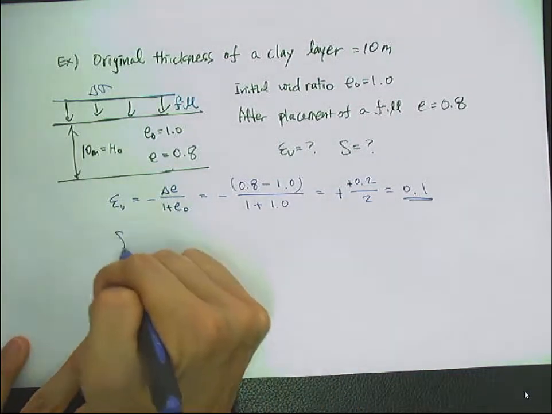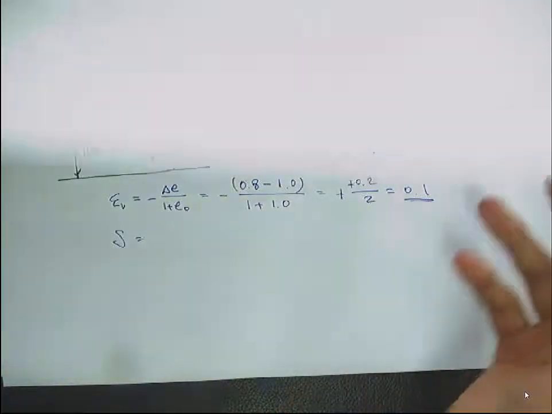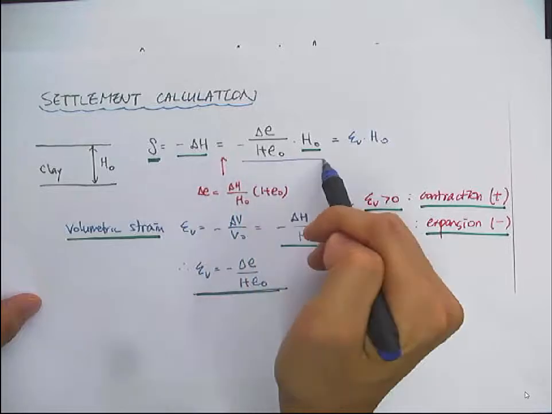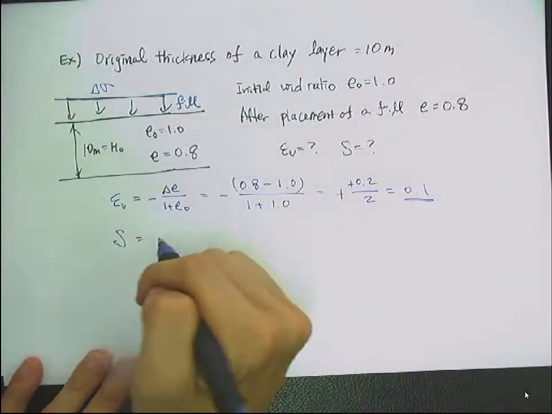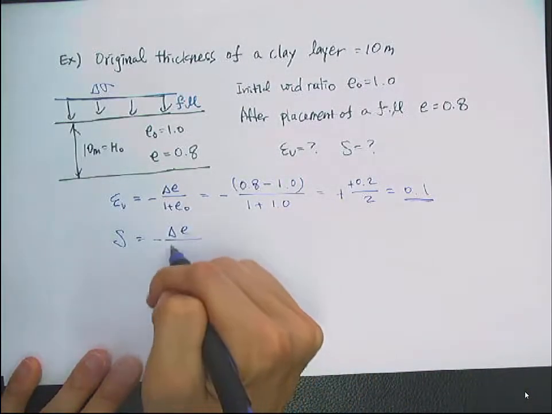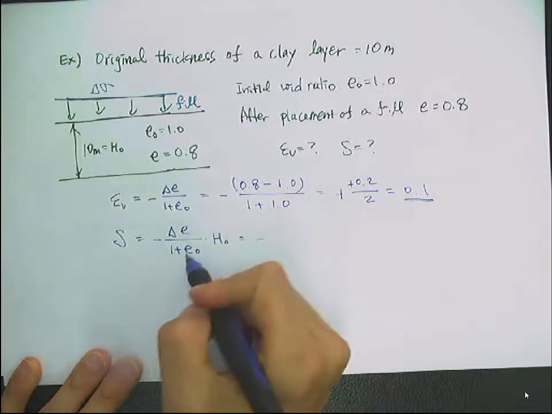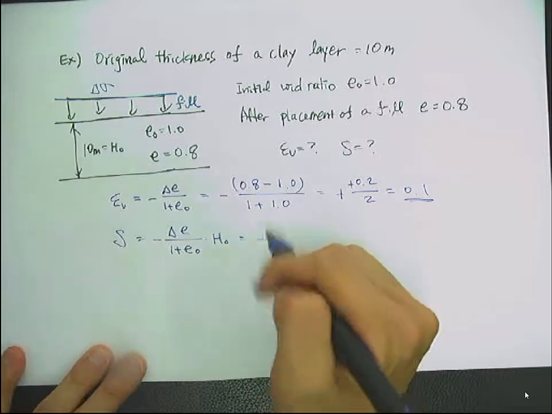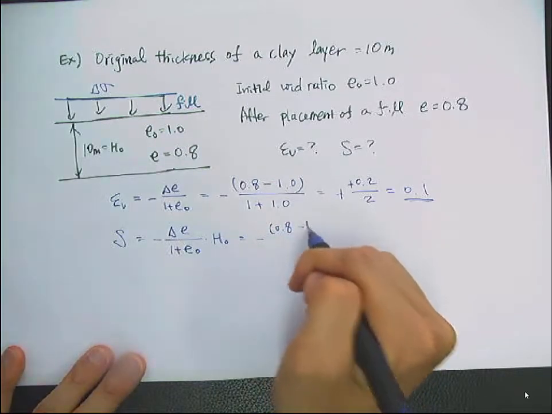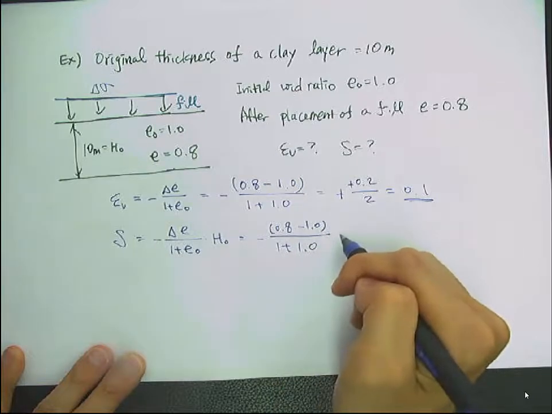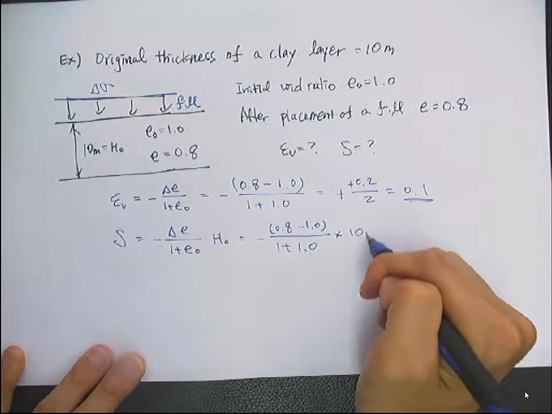And the settlement, we can also calculate using this equation: minus delta e over 1 plus e naught times H naught. So this is going to be the same as the above equation: 0.8 minus 1.0, over 1 plus 1.0, times 10 meters.